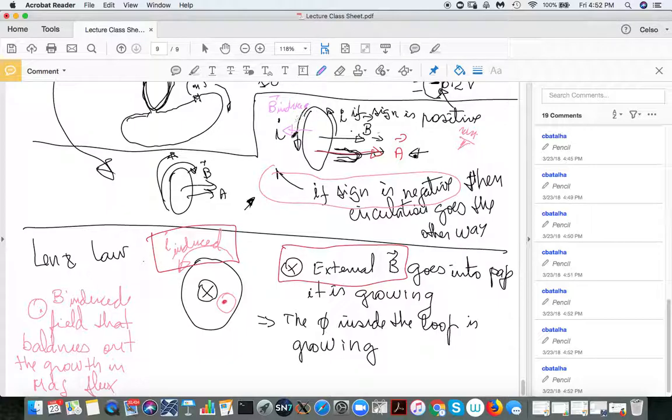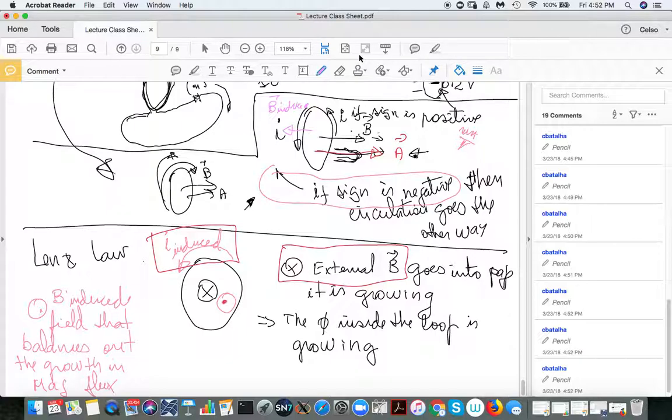The question is now, this induced field, what is the current creating it? How do we figure out the current?